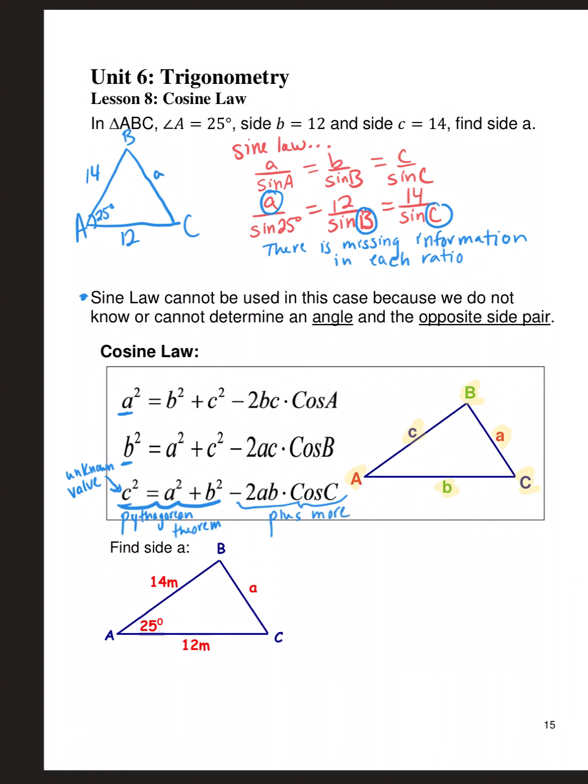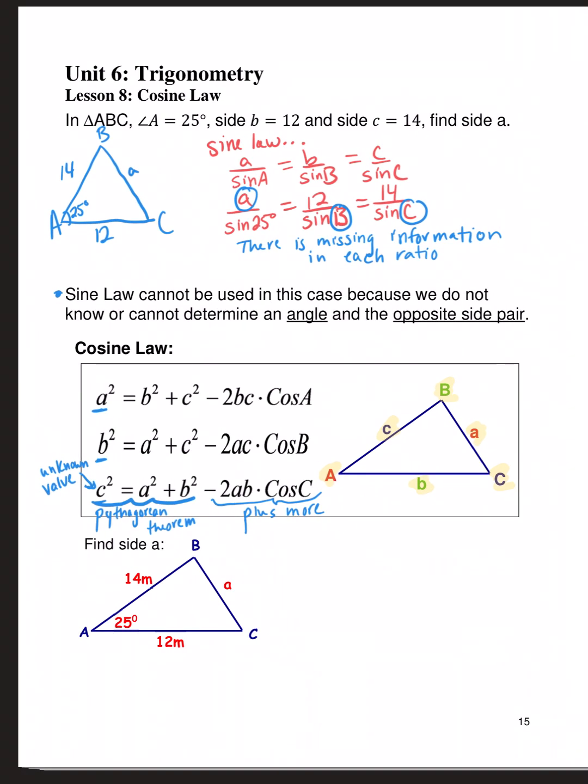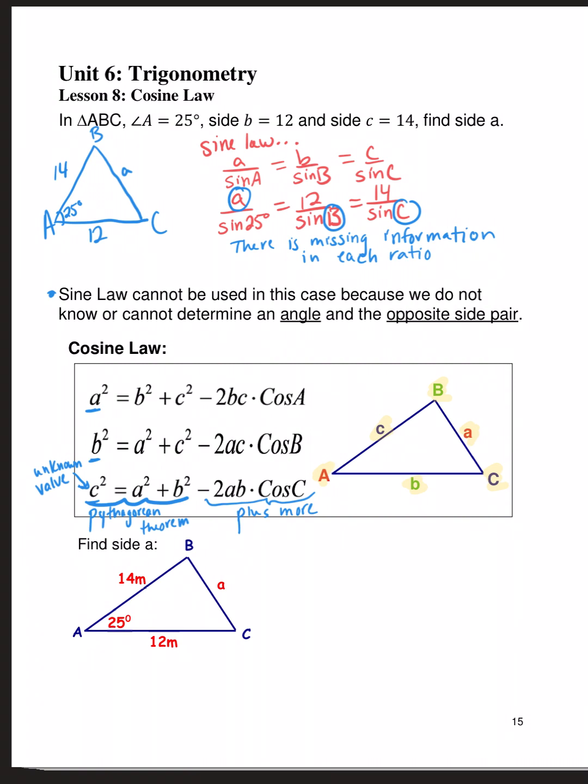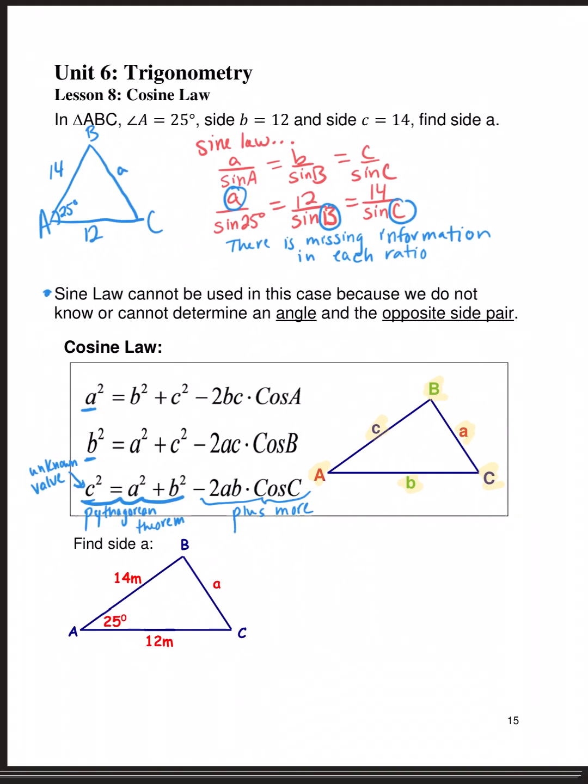And if you look at the triangle, I like to draw, similar to how we did with our sine law, if I was trying to find that plus more, you can see that if I was to make another circle like I did with sine law, that plus more, I can kind of draw a little circle or triangle pattern right here. So when we're trying to find, say, side length C, I know that I'm going to use A and B set up like a Pythagorean theorem, and then that plus more piece is going to come from everything that's inside this circle.